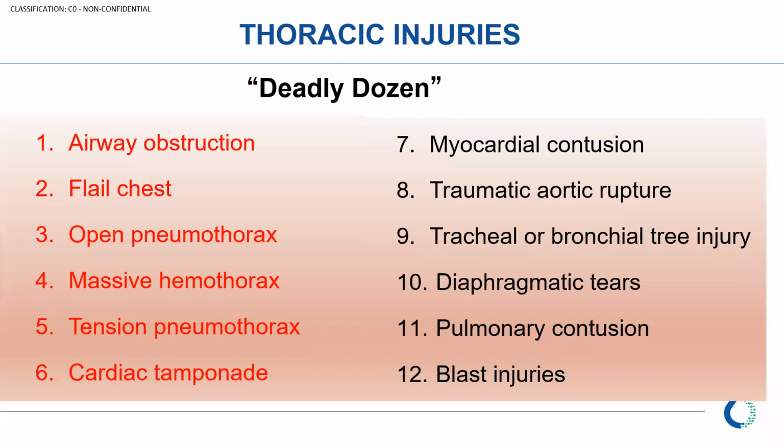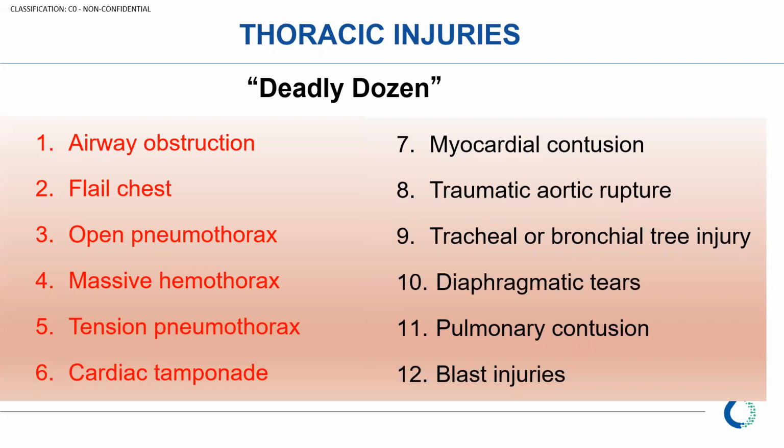So thoracic injuries, the deadly dozen. There are 12 actually. That's why we call it the deadly dozen. But as I said in the beginning, we will only be discussing those thoracic traumas or injuries that can be identified in the initial assessment, especially in the primary survey, or in the pre-hospital setting.